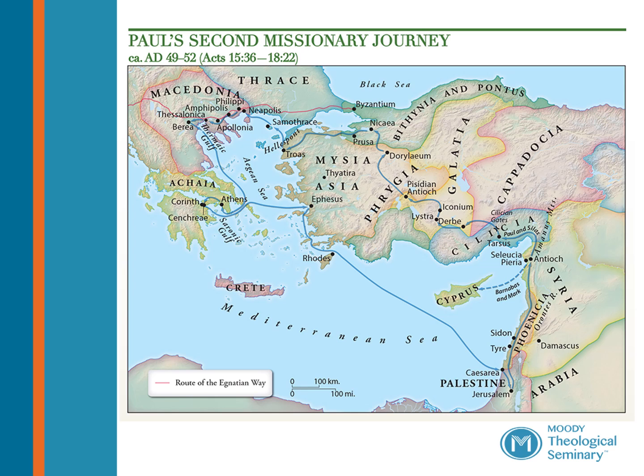And here's just a map that can give you a general sense of the route that Paul took on this journey. And so this is just building on a reading of Acts 15:36 to 18:22.